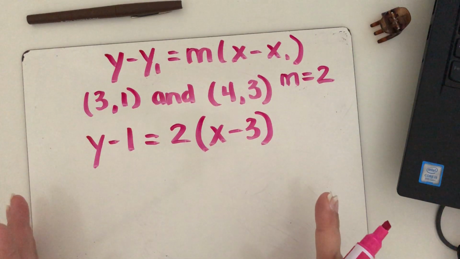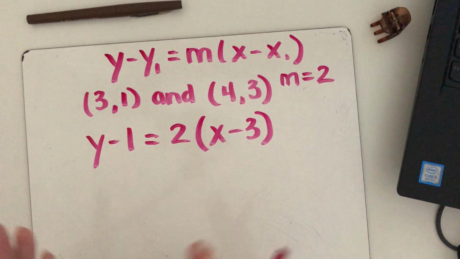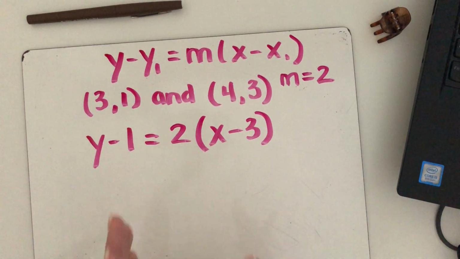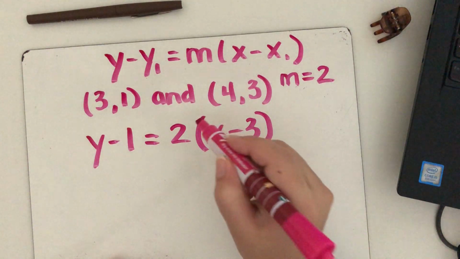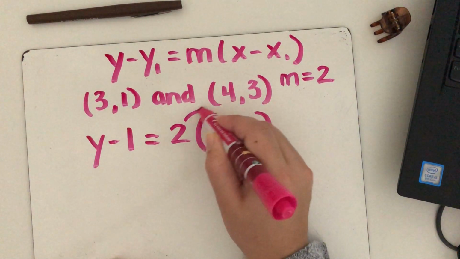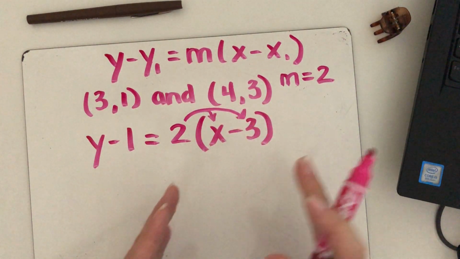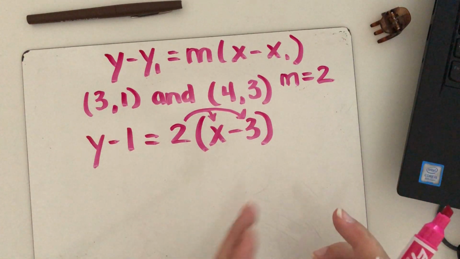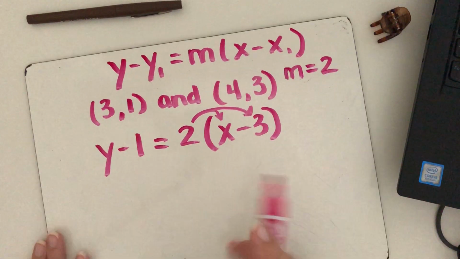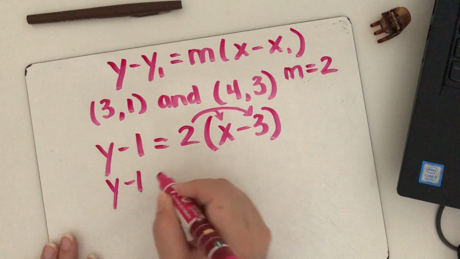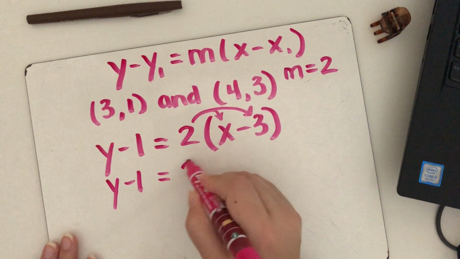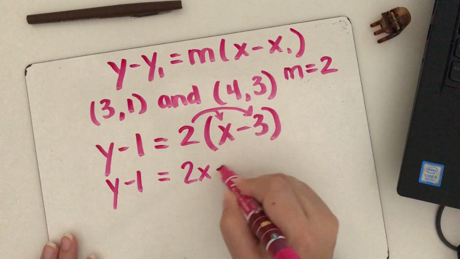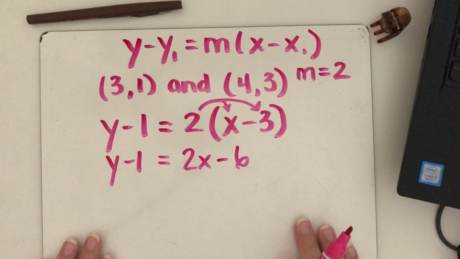So I have it here. I need to simplify it down to where it's y equals mx plus b. So I'm going to go ahead and distribute this first. You always want to simplify each side first before you start your inverse operations. So this side is still the same. I get 2x minus 6, okay?